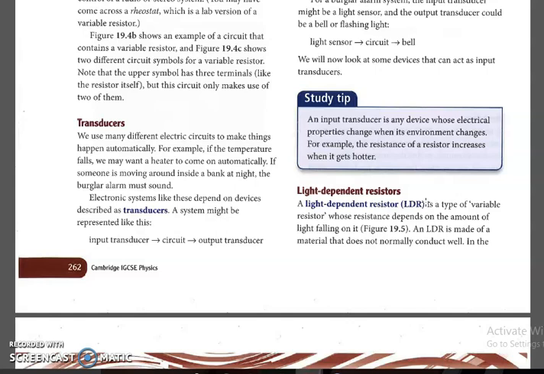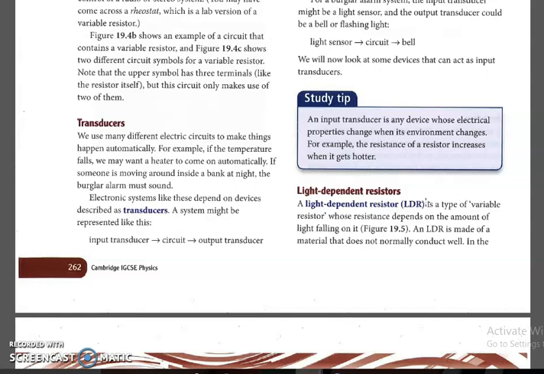Okay, transducer. For example, in labs, suppose in a biological lab we need a certain temperature to grow certain plants. If the plant needs this much temperature or light, the system will be sensing it.